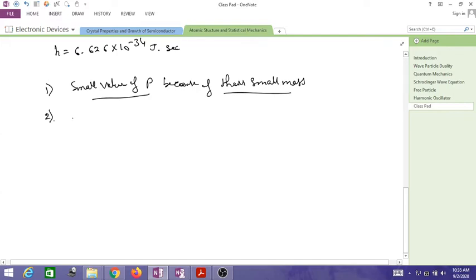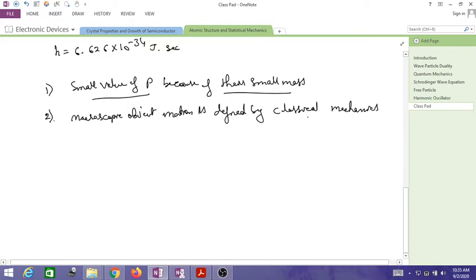It means the macroscopic object's motion is defined by classical mechanics, not by quantum mechanics, because as per de Broglie's presentation, macroscopic dimension objects have a vanishingly small de Broglie wavelength.